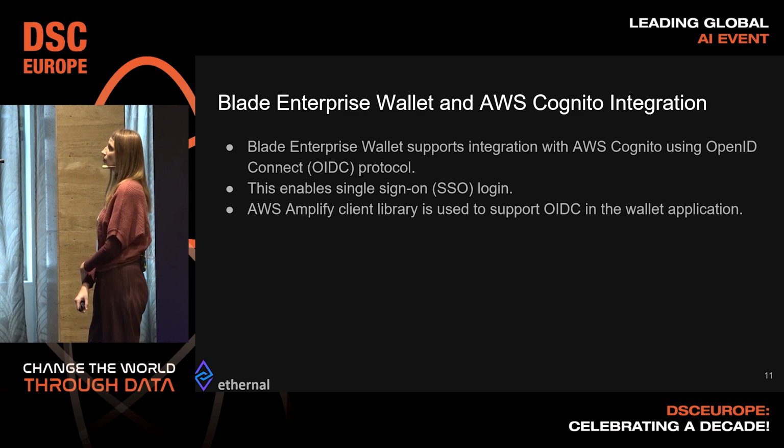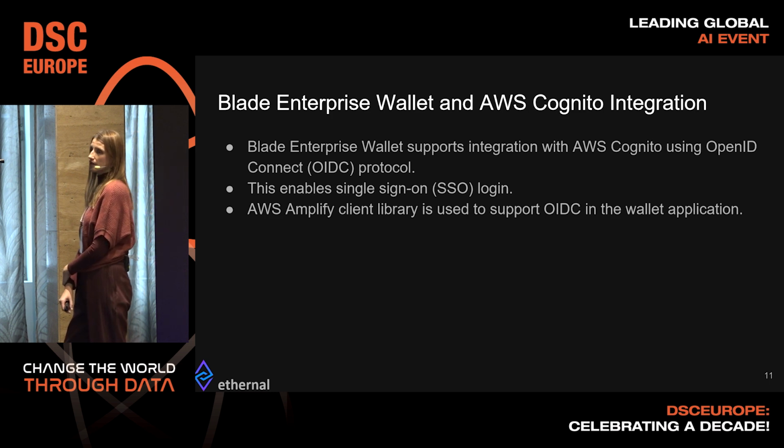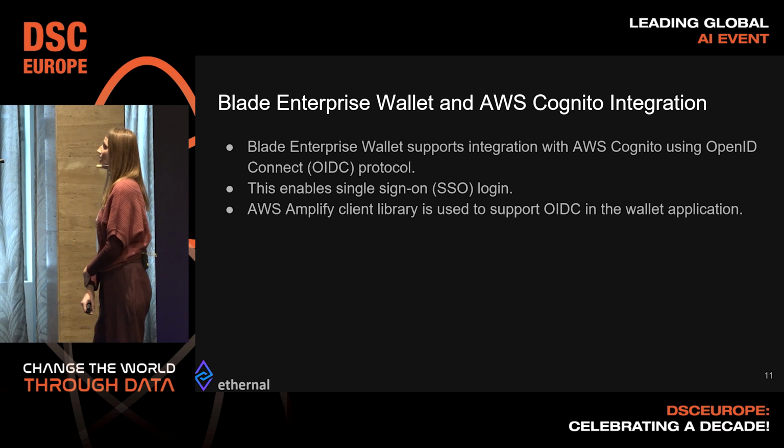And the second one is to enable use of the OpenID Connect protocol on the application side. In our case, we are using the AWS Amplify client library, which supports different AWS services, and in this particular case, it supports Cognito.